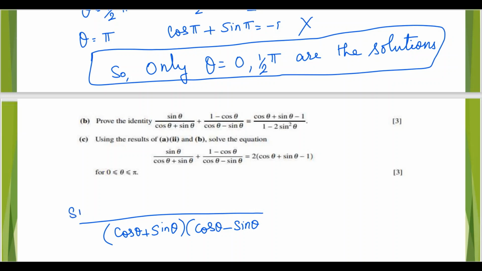And here it is sine theta multiplied by cos theta minus sine theta plus 1 minus cos theta multiplied by cos theta plus sine theta.